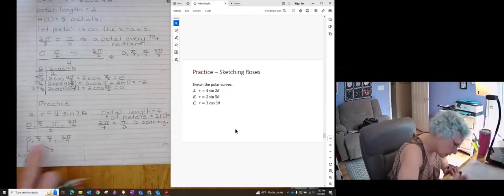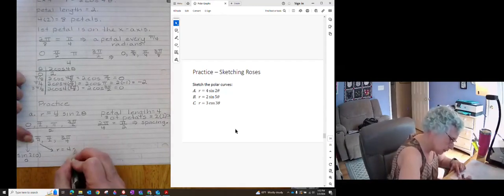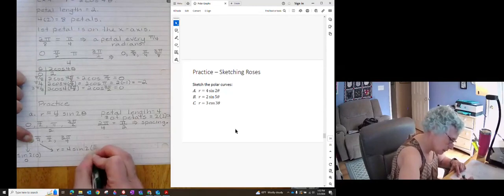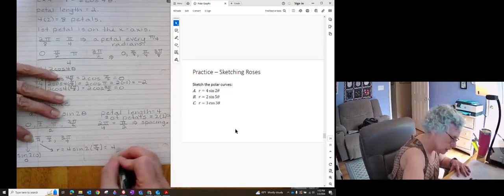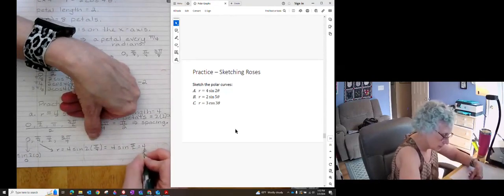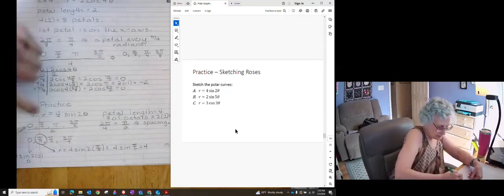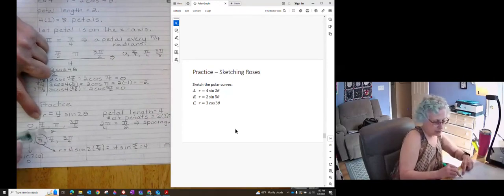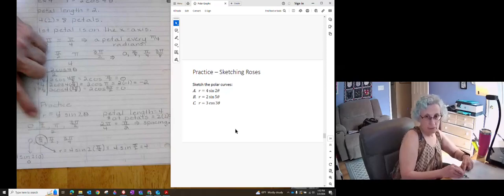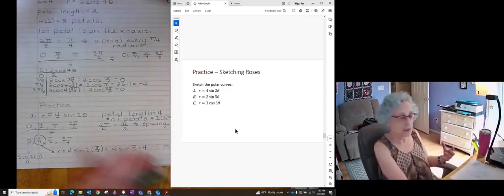But then when I plug in pi over 4, I'll get r is equal to 4 times sine of 2 times pi over 4, which is 4 times sine of pi over 2, which is 4. So pi over 2 divided by the coefficient is always going to be the location of your first petal.